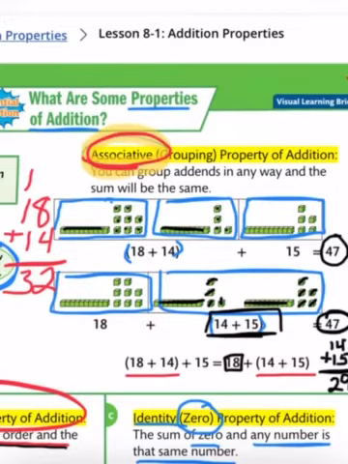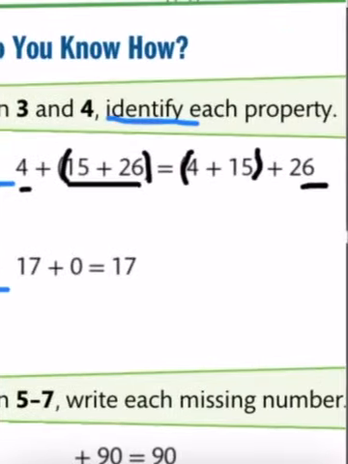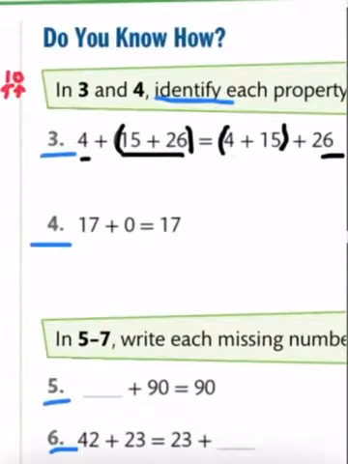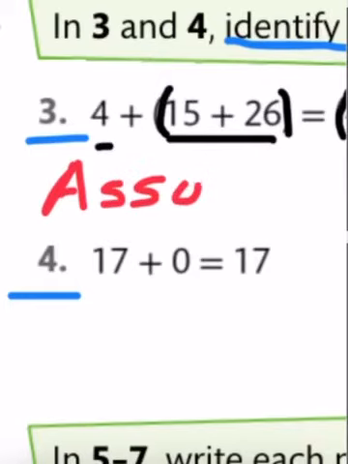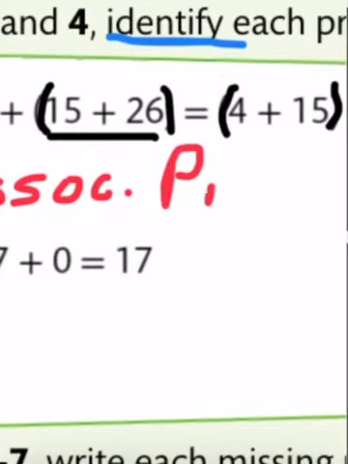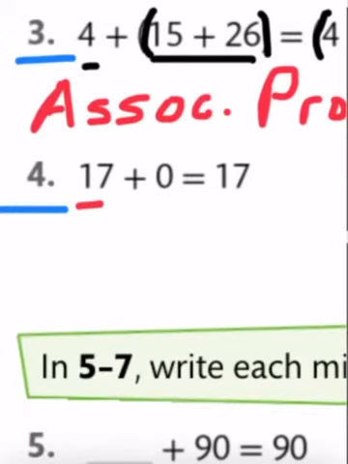All right, so that's what we'll need to write for question number 3, the associative property. And we can even abbreviate this a little bit. Associative property. Number 4, we have 17 plus 0 equals 17.